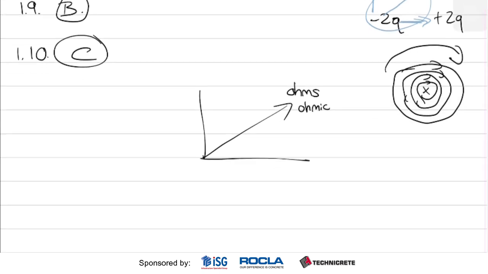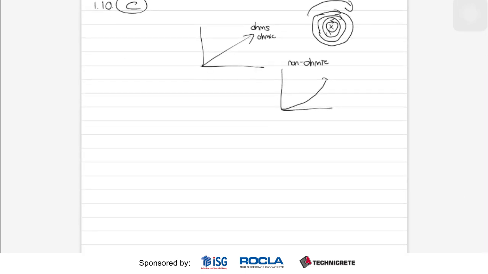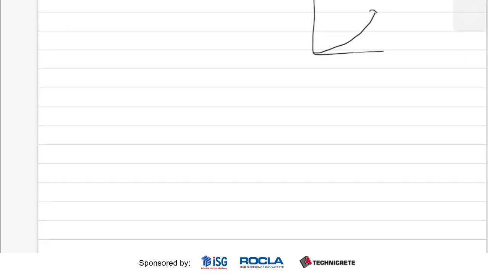Whenever it is a non-ohmic resistor, we know that it always follows this kind of curve, not directly proportional. So 1.10 is C. All right, I hope that makes the multiple choice a little more understandable. And we will now move on to question 2.